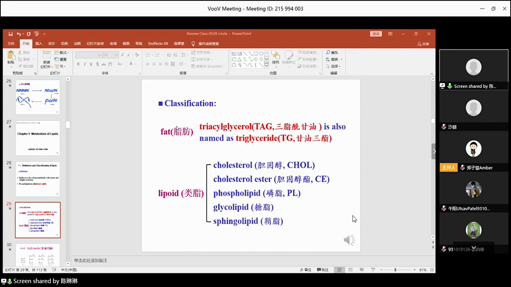Fat is also named triacylglycerol, TAG. TAG can also be written as triglyceride, TG, 甘油三酯. And lipoid includes cholesterol, cholesterol ester, phospholipids, glycolipids, and sphingolipids. So remember that the lipids can be classified into fat and lipoids, and remember the examples of the lipoids.